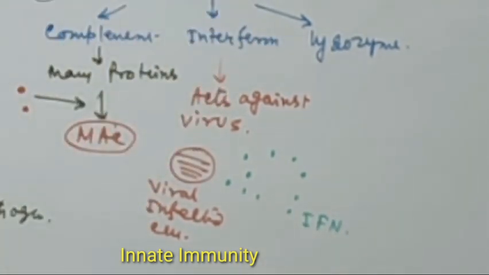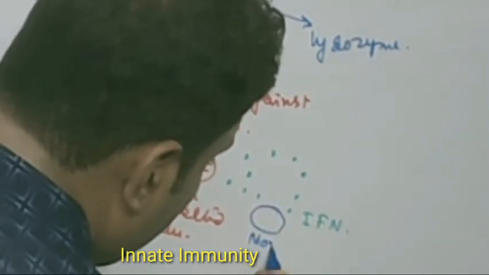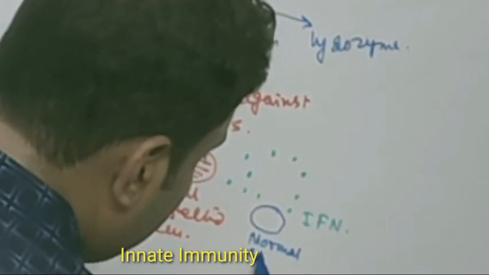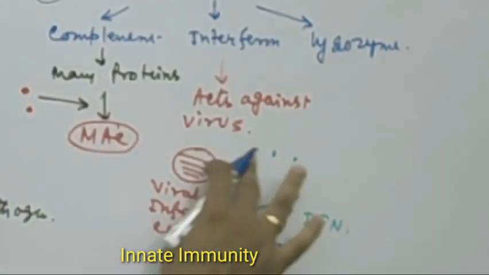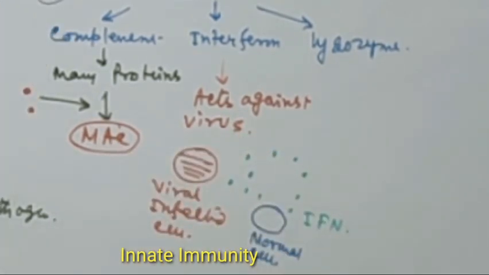This interferon protects the normal cell from this virus. This is the normal cell, and it will be protected because the viral infected cell produces the interferon, so that the virus cannot attack this normal cell. This is called interferon mediated innate immunity.